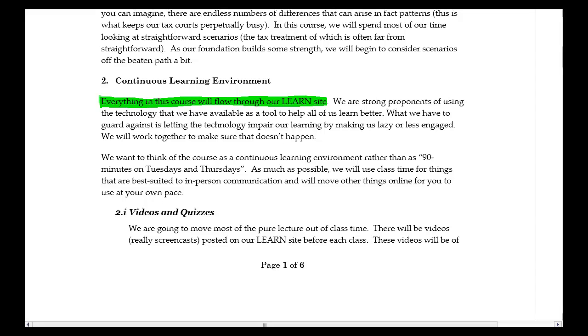So what that means is we're going to view this as something of a new way of doing things. In the old days, we used to think about class as the only time that professors and students really interacted all that much.